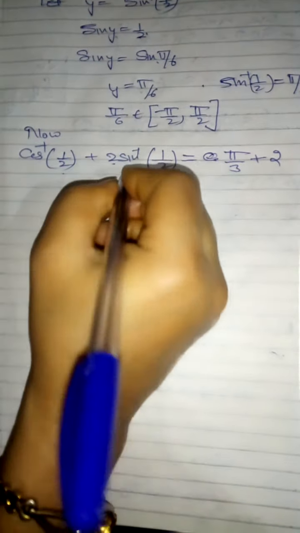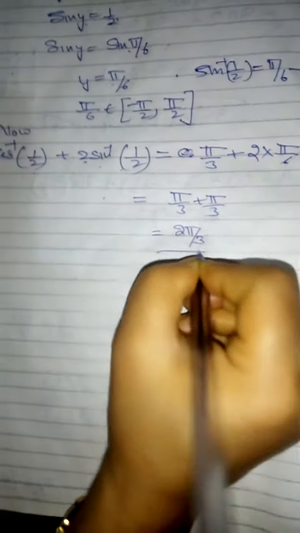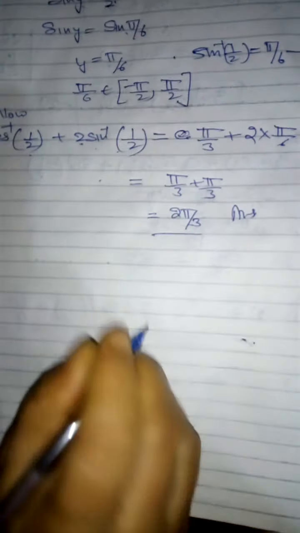So pi by 3 plus 2 times pi by 6. Now solve it. After solving, pi by 3 plus pi by 3 is equal to 2 pi by 3. So this is the answer. Now start the next one.